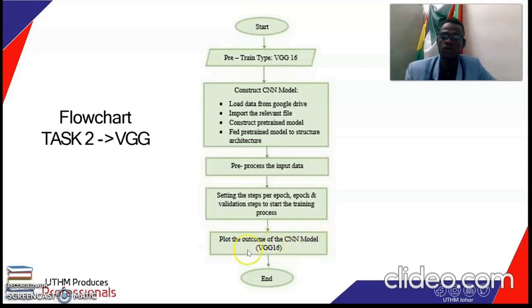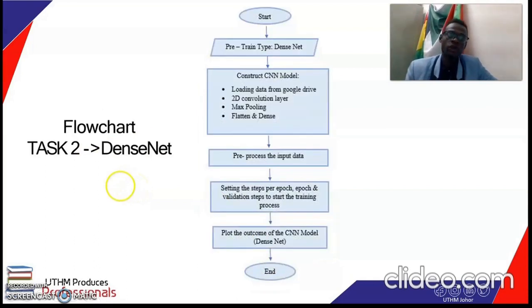Then to start the training process, we are then able to plot the outcome of the CNN model using VGG16. So this is the end of task 2 using VGG, and then here is the flowchart for task 2 using DenseNet.